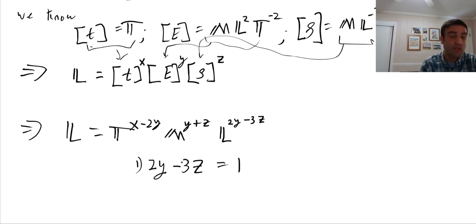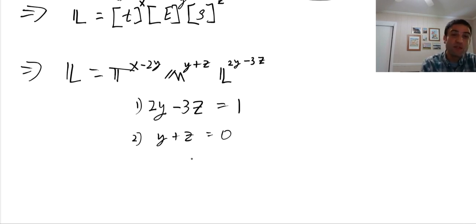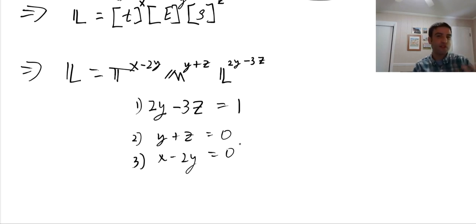Similarly, the mass term tells me that y plus z has to be 0, because mass doesn't appear on this side of the equation. And the time combination tells me that x minus 2y also has to be equal to 0.